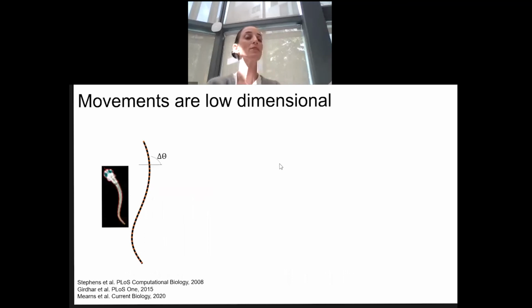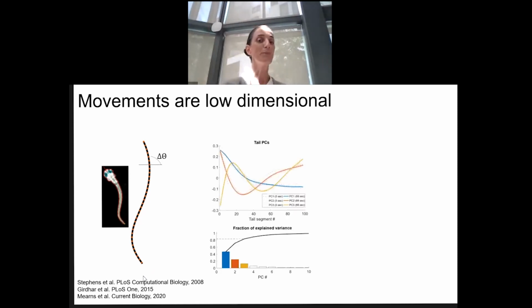Basically, we looked at the fish, took the posture of the tail, and generated a vector of angles with the horizon, trying to explain what the position of the tail is. Now we have a vector, and we have many frames like this. So we can use SVD and find the principal components that explain most of the variance in the tail flicks.